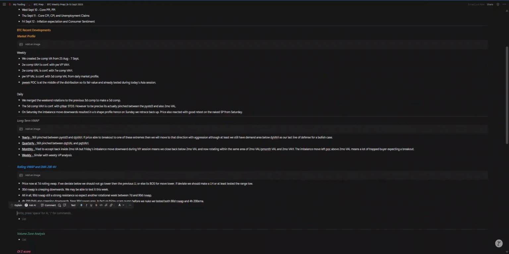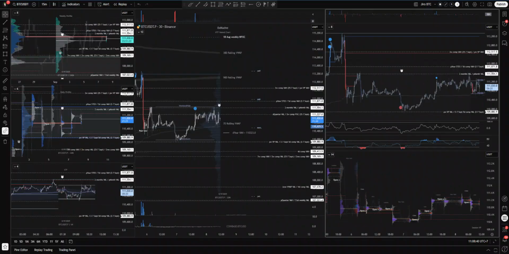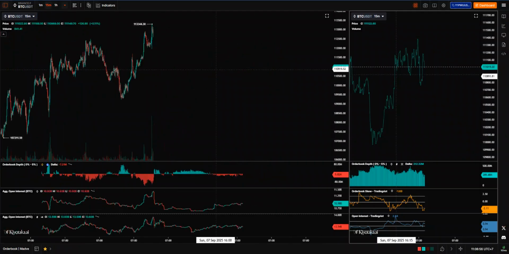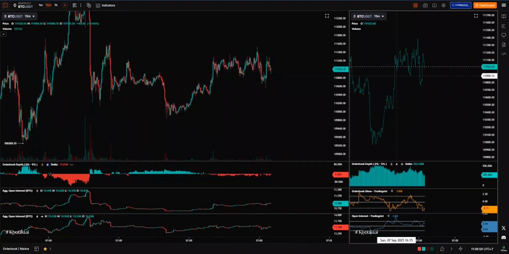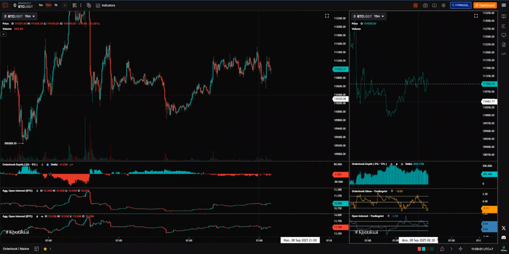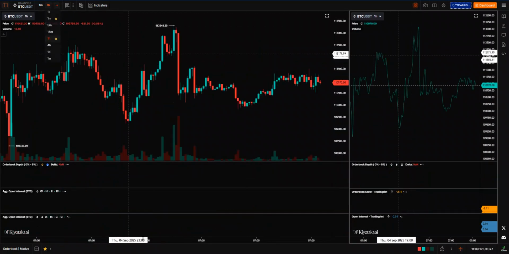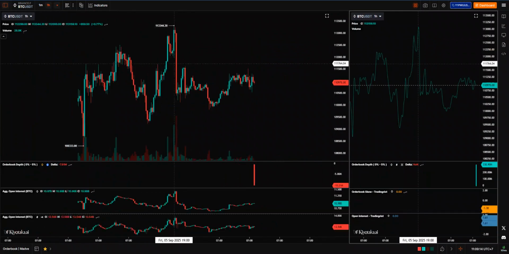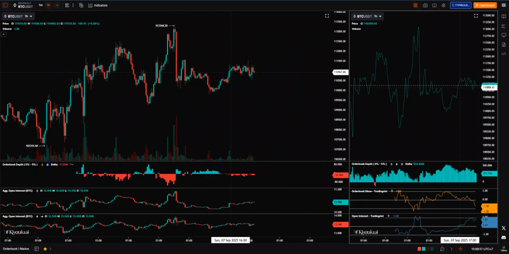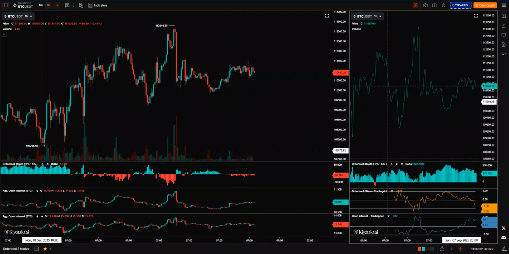Okay, this one, just delete first. Should we do any of these? Let's see. The 15 minutes. Order book. The order book is quite bearish for spot here.